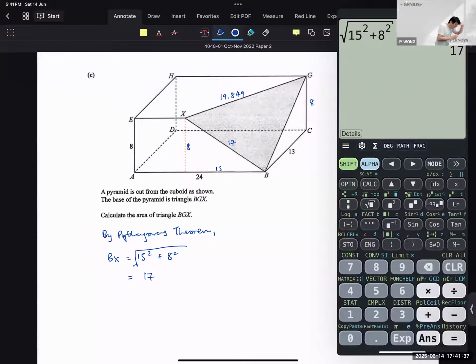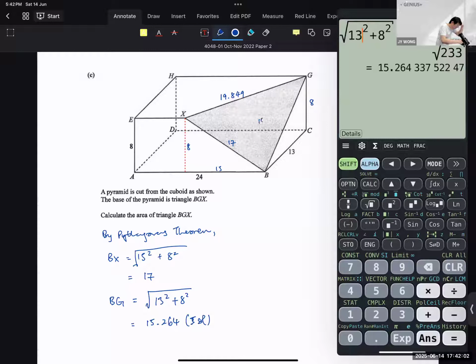I want to find BG. BG is square root of 13 square plus 8 square. Again, by Pythagoras theorem, right? 15.264 in 5 SF. So I know that this is 15.264.